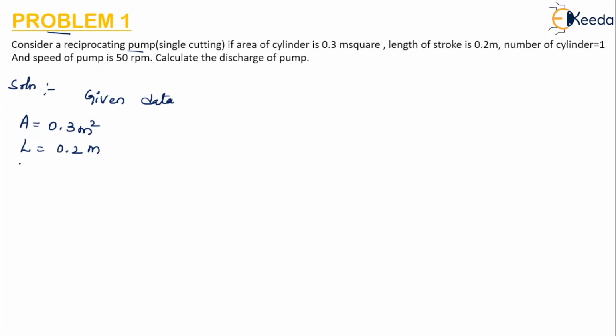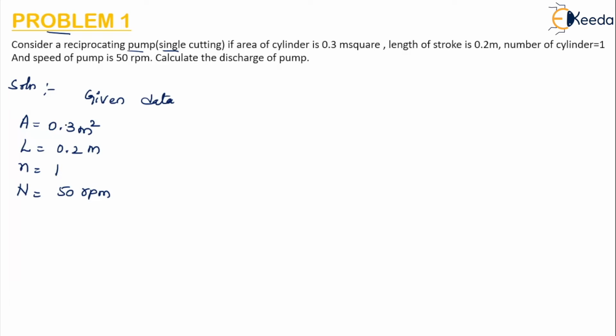Then the number of cylinders, small n, is 1, and the speed of the pump, that is capital N, is 50 rpm, that is revolutions per minute. And this is a single cutting, okay, number of cutting is 1. So this is the given data.